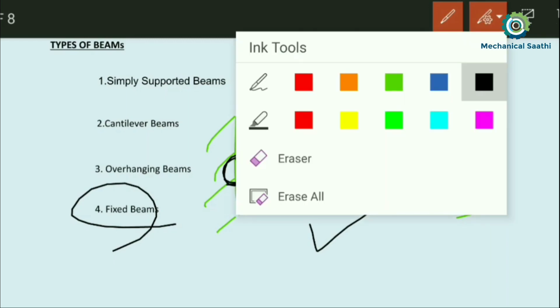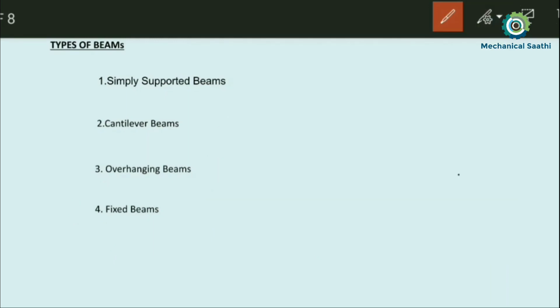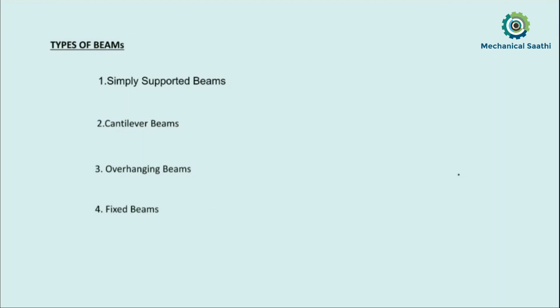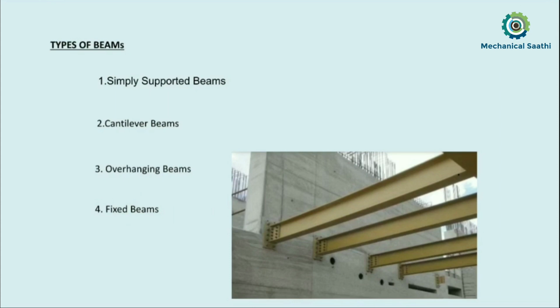Nothing much to understand about this, you can simply get it from the name. Now let us move towards the figure. Here you can see, if this end is fixed and this end is also fixed, then all this type of beams can be called our fixed beam.